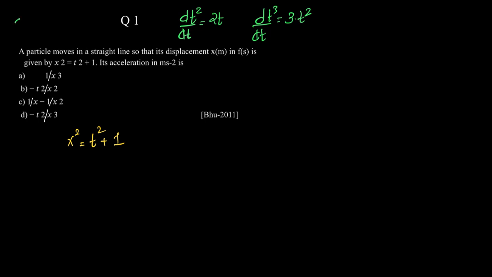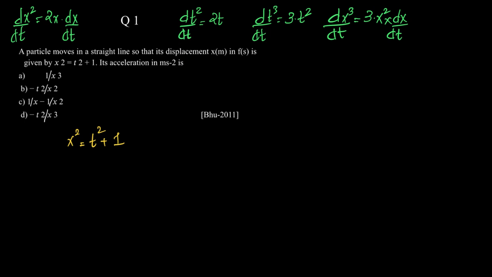But at the very same time, d by dt of x square, if x is not a constant, I repeat, if x is not a constant, is equal to 2x into dx by dt. Again, if x is not a constant, d by dt of x cube is equal to 3x square into dx by dt. Simple.